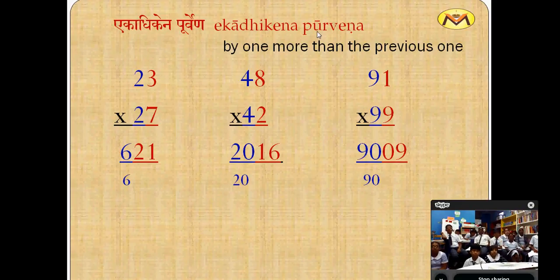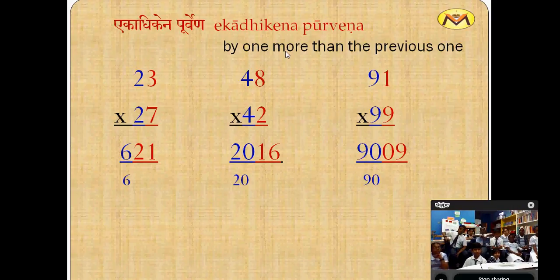And then there is a line over U. You extend that sound, ooh, like that. So Ekadhikena Purvena. This is called na. So what does that mean? Ek means one, and there is a word here called adhik.